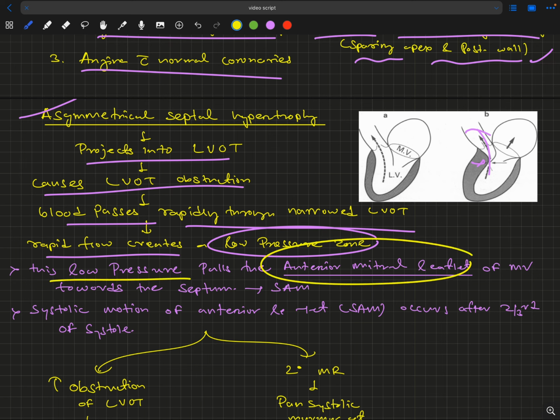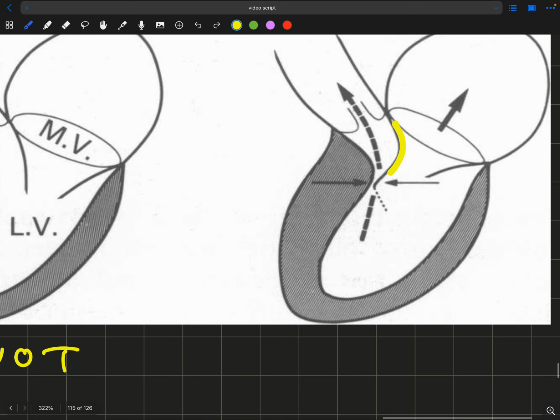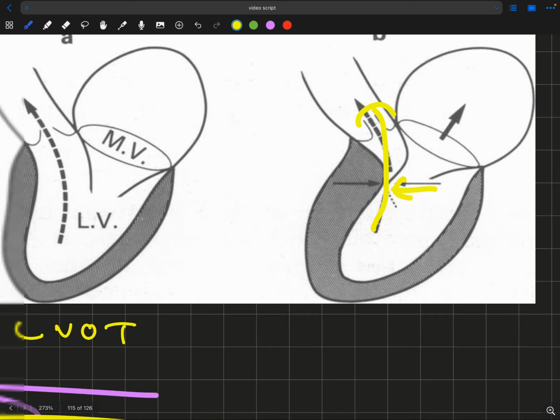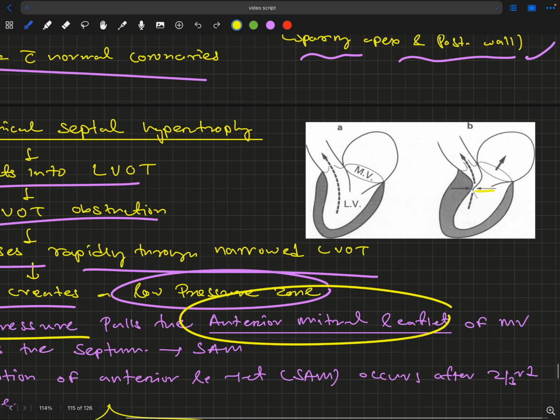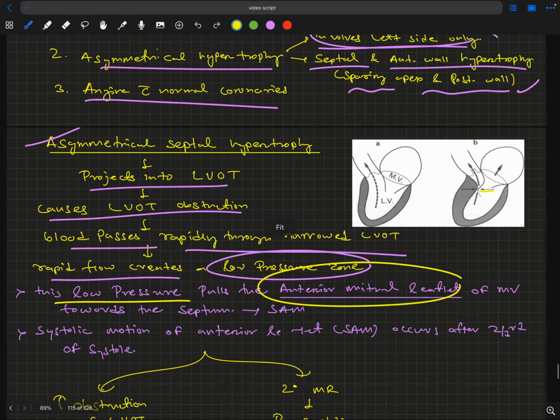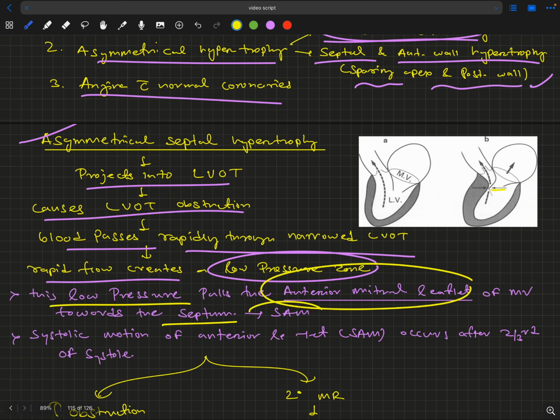This low pressure zone pulls the anterior mitral leaflet. So this is the anterior mitral leaflet which is getting pulled towards the septum. That is called systolic anterior motion of the leaflet.